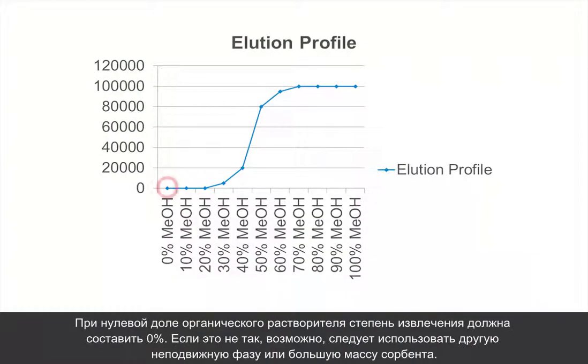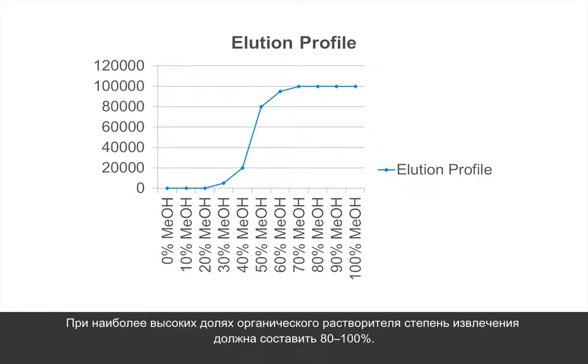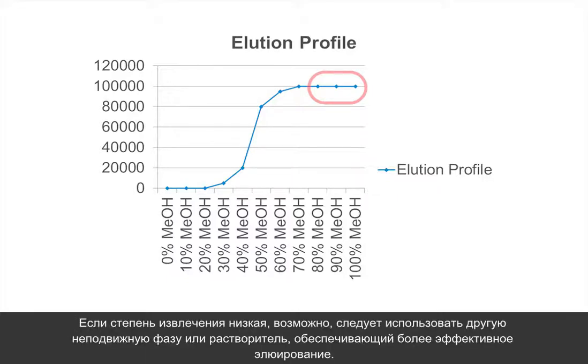At 0% organic, recovery should be 0%. If this is not the case, a different stationary phase or higher bed mass might be helpful. At the highest percent organic, recovery should be between 80 and 100%. If recovery is low, a different stationary phase or stronger elution solvent might be helpful.